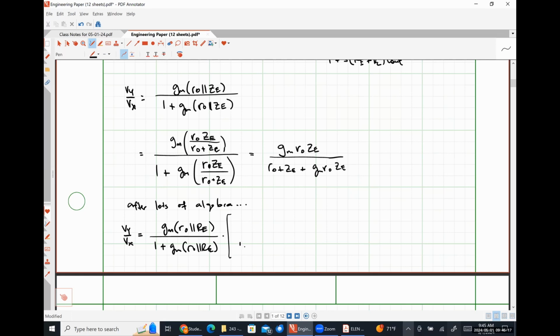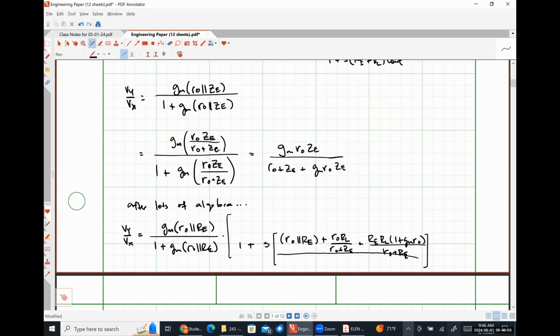So my denominator is going to be the gross part here. 1 plus S times R naught in parallel with RE plus R naught times RL over R naught plus RE plus RE RL 1 plus GM R naught all divided by R naught plus RE.